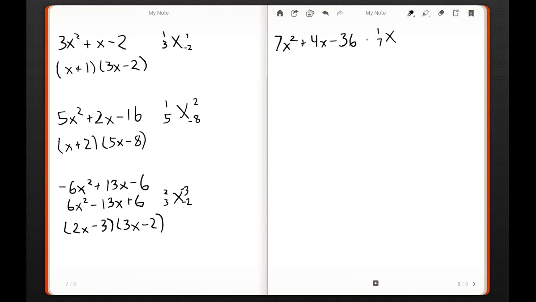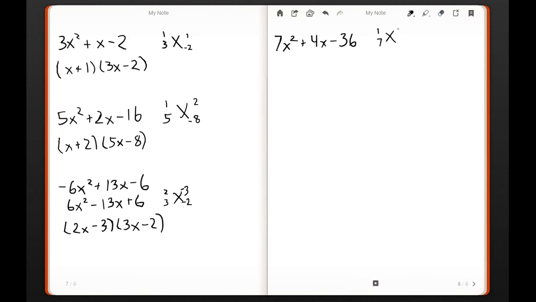So how low do we go? Well, let's start by making it really low. The 1, that would put a 36 here. Now, 36 times 1 is going to be 36, whether that's negative or positive, it's way off.